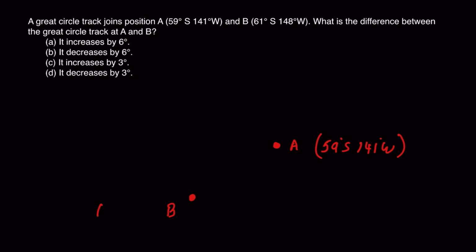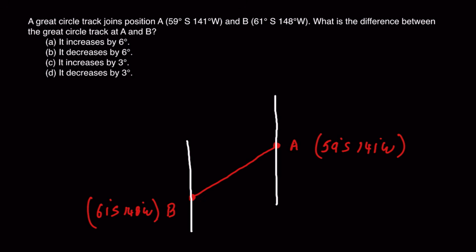Yeah. It is 61 south, 148 west. All right, so I have 2 points, A and B. Do I need to draw the diagram? Not necessarily, but let's draw the diagram because I just want to find the convergency, right? So two longitudes, and since we are in the southern hemisphere, this will be the great circle track.